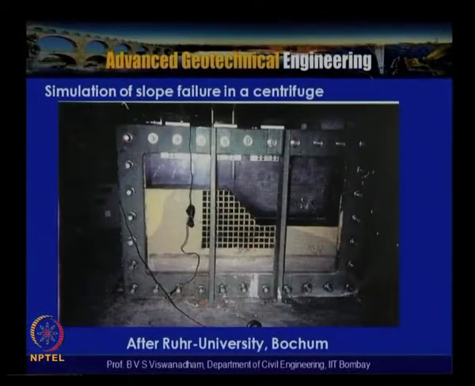So let us see some typical slope failures in a centrifuge. This is after Ruhr University Bochum. A front view of the slope before testing is shown here, and this is one of the very early tests of a slope, with kaolin clay.